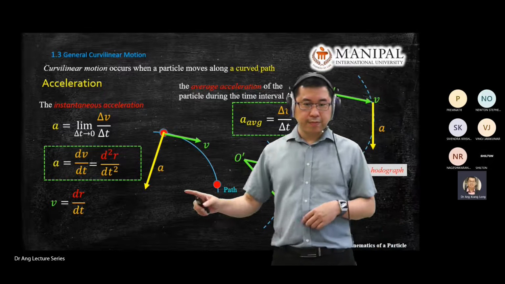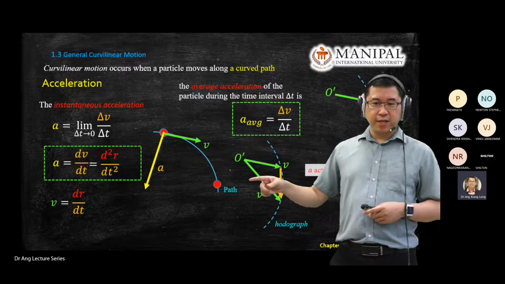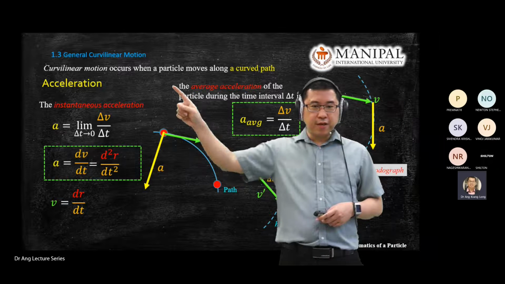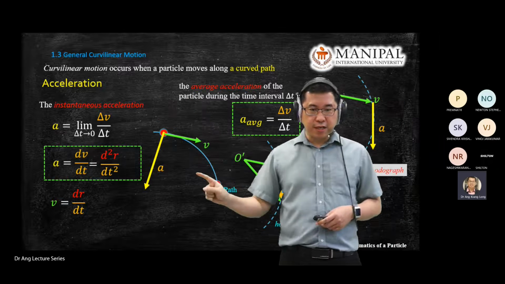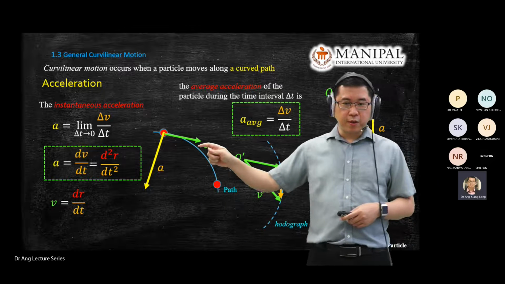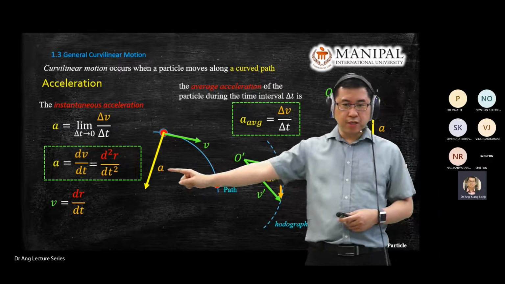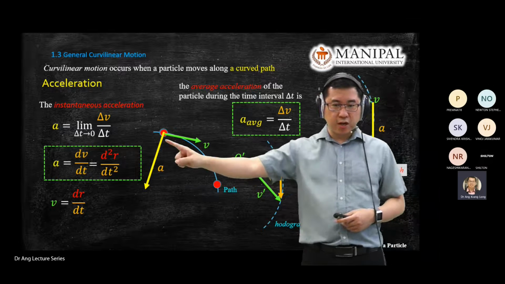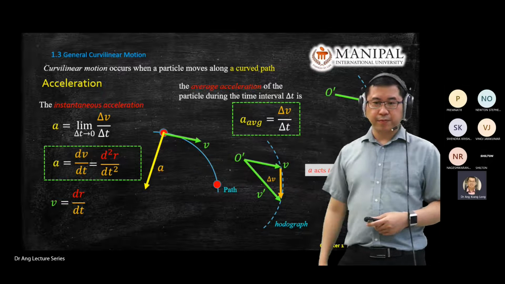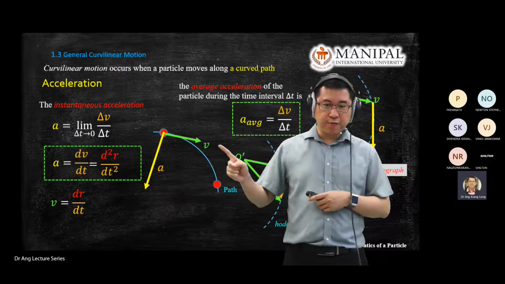Okay, something new, open up your mind this morning. For curvilinear motion, the acceleration has a special characteristic when we talk about a curved path. The acceleration is always pointing inside of the curve. So imagine if you have another curve, an inverted curve.